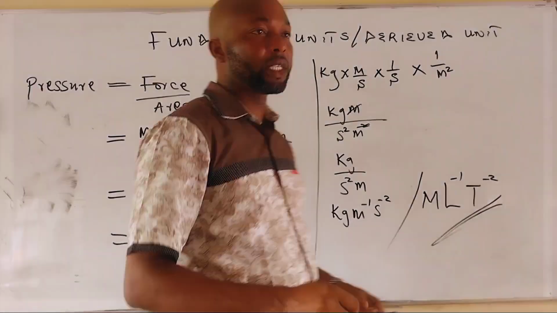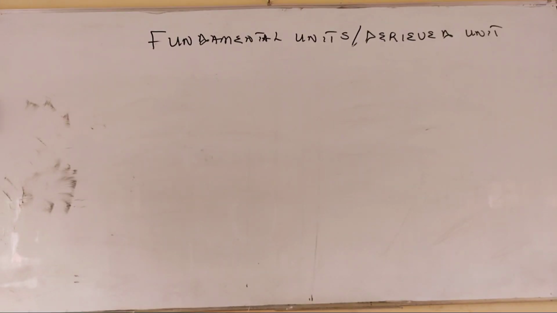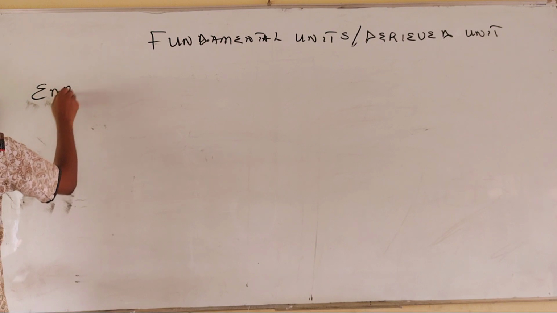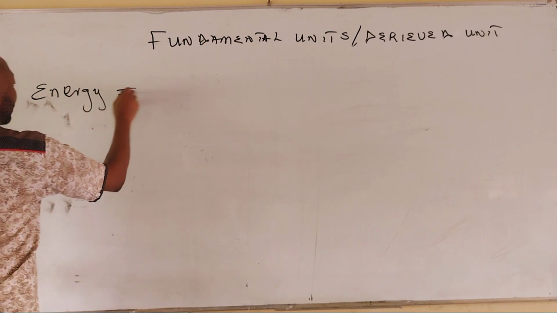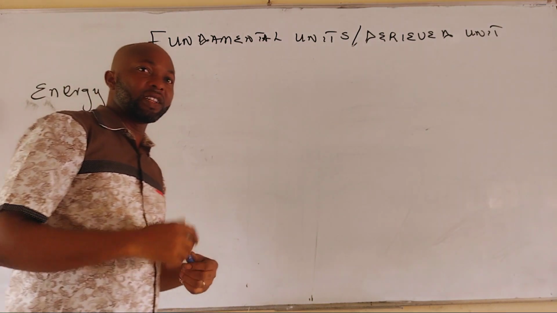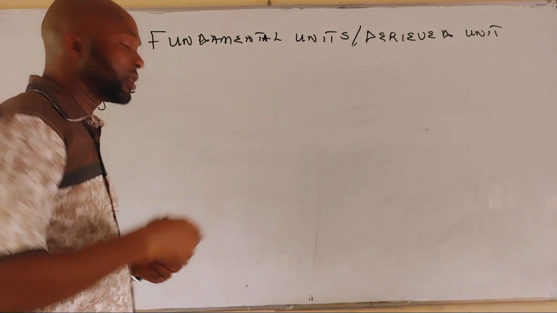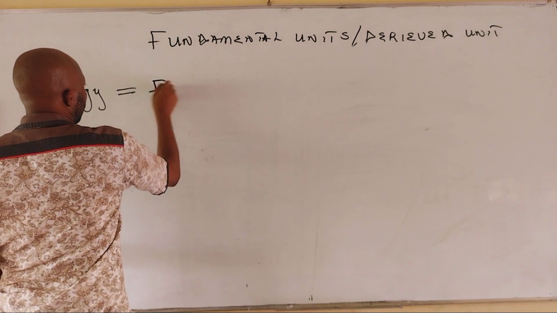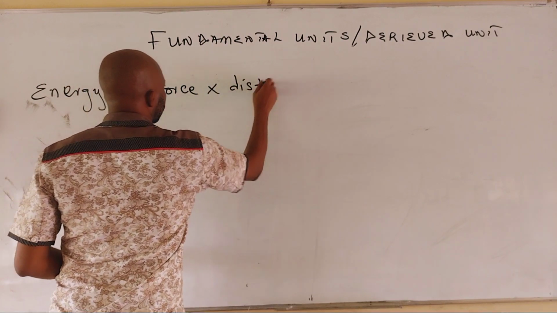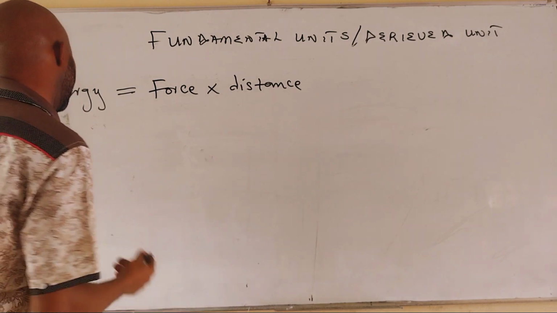Now, let us take another variable. Let's take work or energy. Energy is the ability to do work. Now, what is work? Work is force times distance. Force times distance. That is for work or energy.